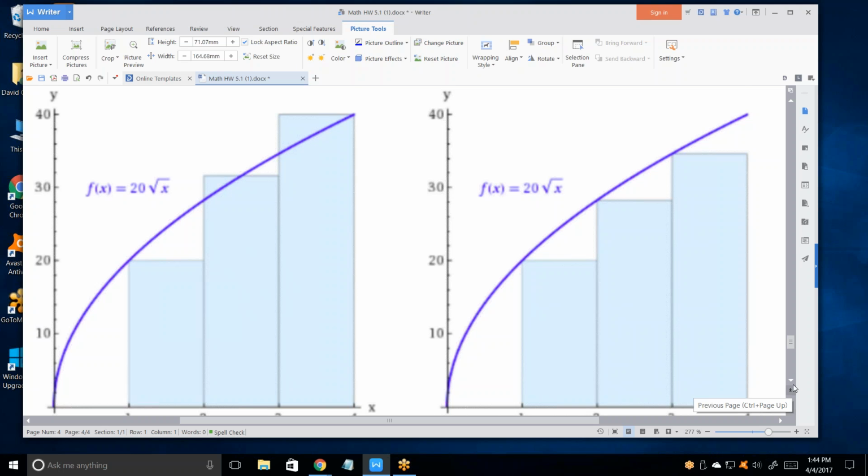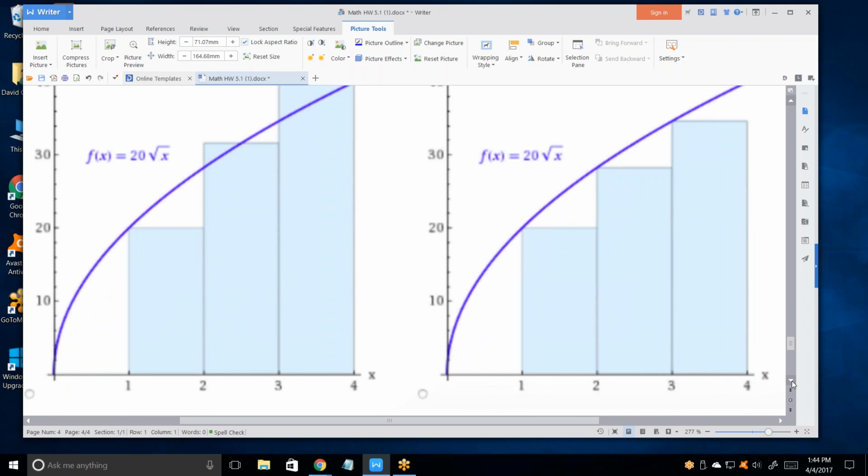Okay. And on this one over here, they're using left endpoints. Right. Now, let's just clarify something here.